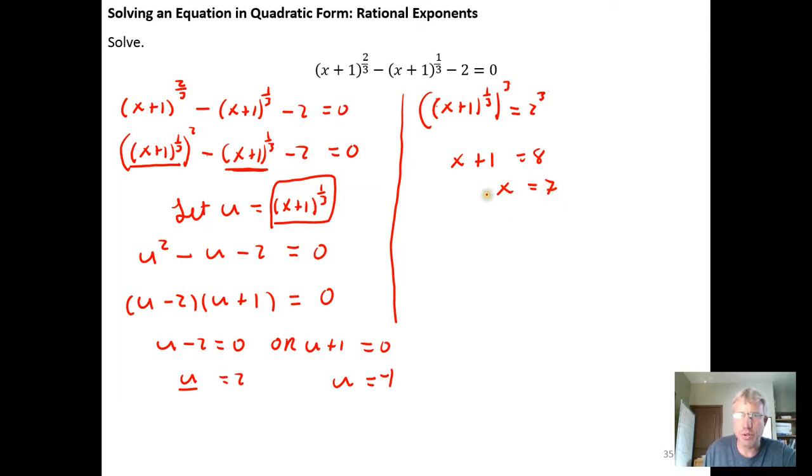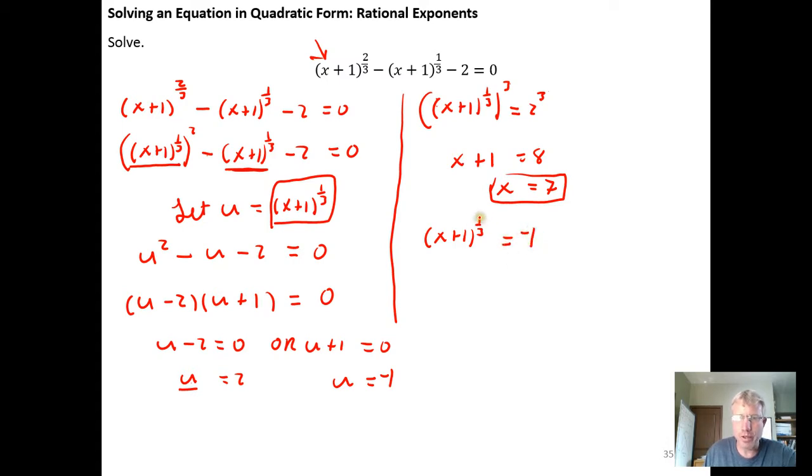So this is a solution candidate, and we probably should plug it back into the original and check that it works. Let's get the other equation first. Here's one solution candidate. The other one, we get u equals -1, so (x+1)^(1/3) needs to equal -1.